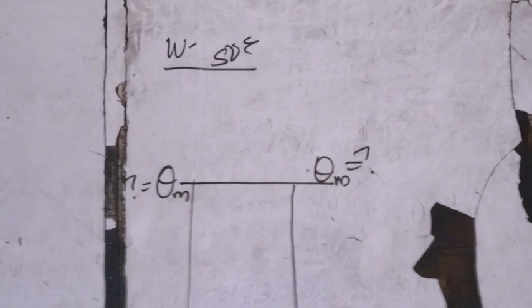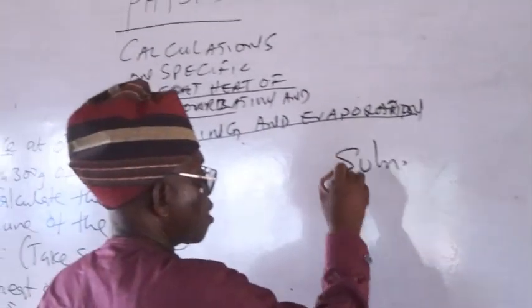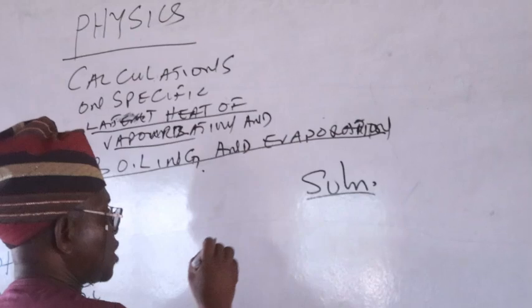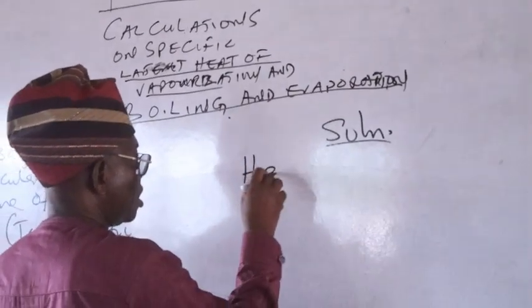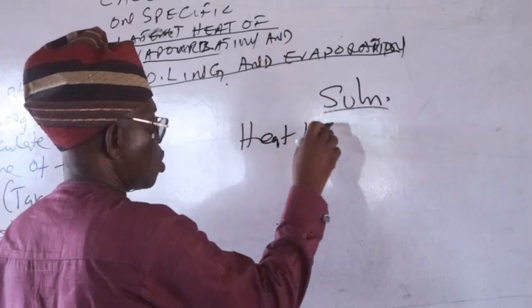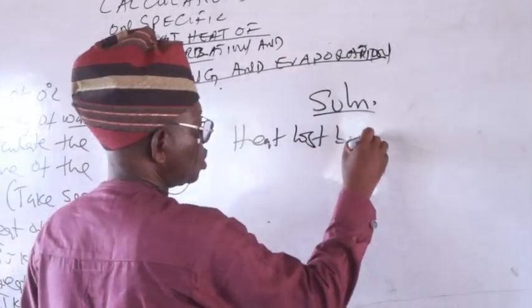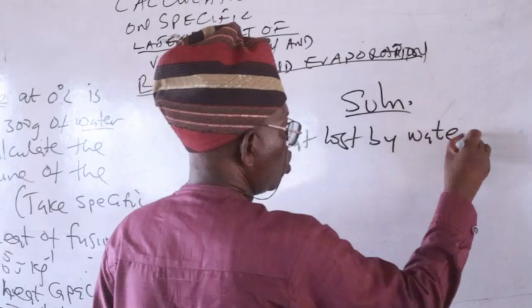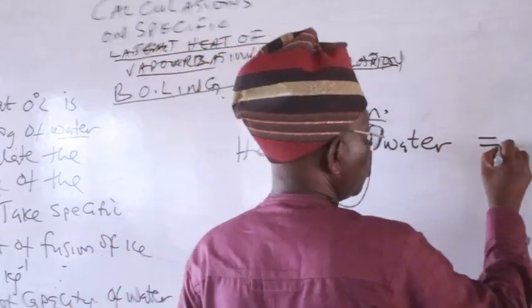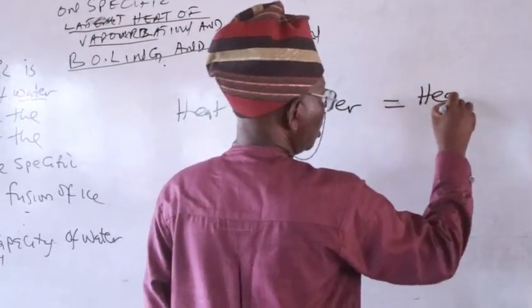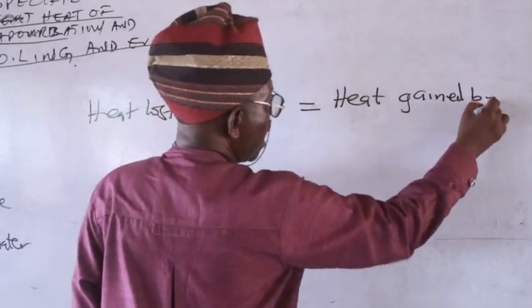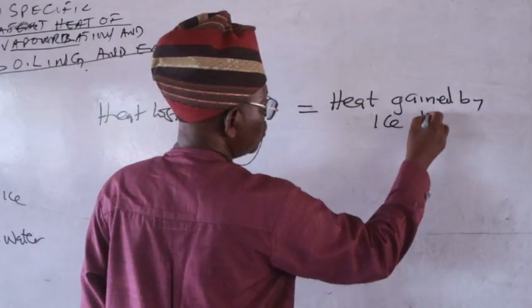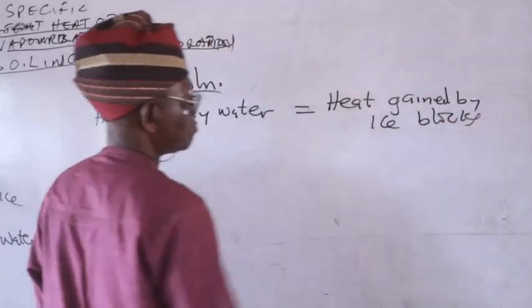Now, solution. Let's quickly solve this. In the first instance, what we need to say is heat will be lost. Heat lost by water should be equal to heat gained by ice.